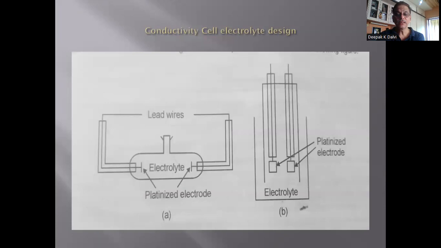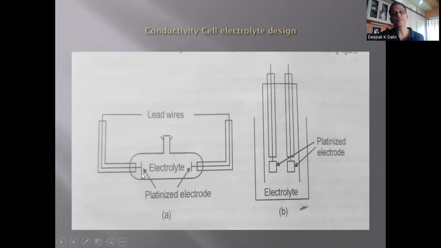This is the design of an electrolytic cell. This is the electrolyte, a solution in the form of acid, base, or salt. And these are the metallic lead wires taken out of this solution. When the current is passed, ionization happens in the electrolyte.